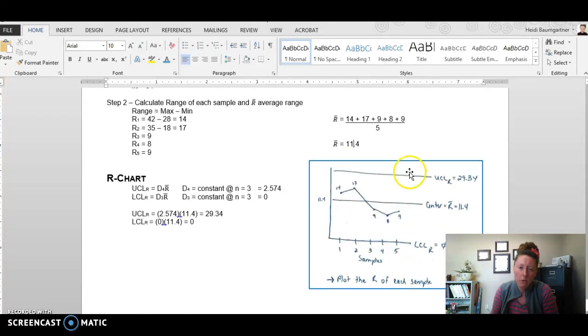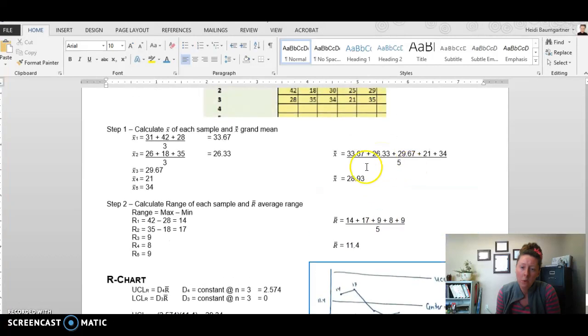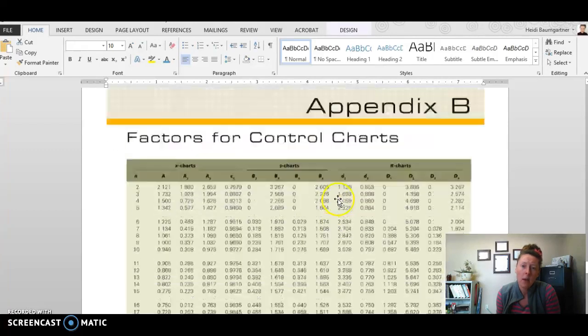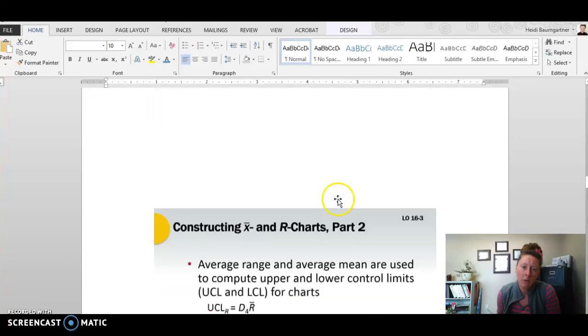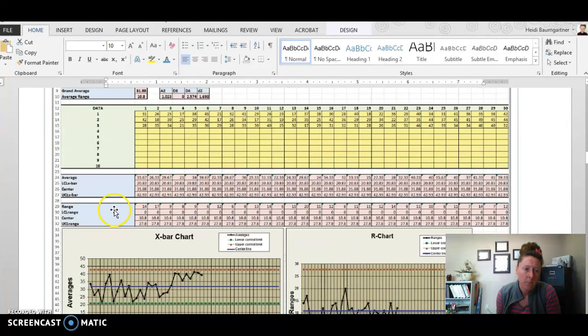And if you look back at the actual example, our grand mean is 28.93, and in our Goodyear example for all 30, our grand mean was 31.88.